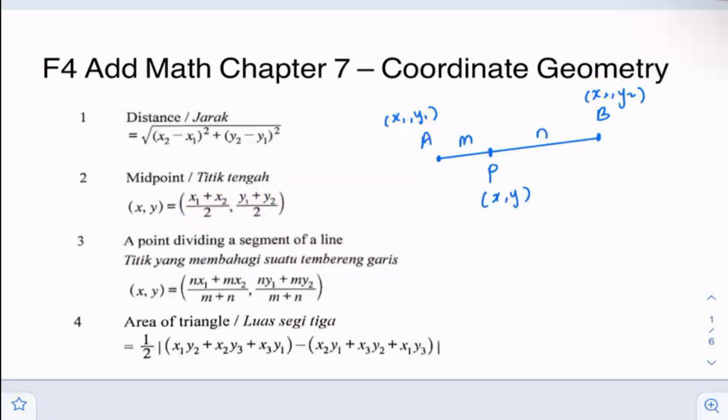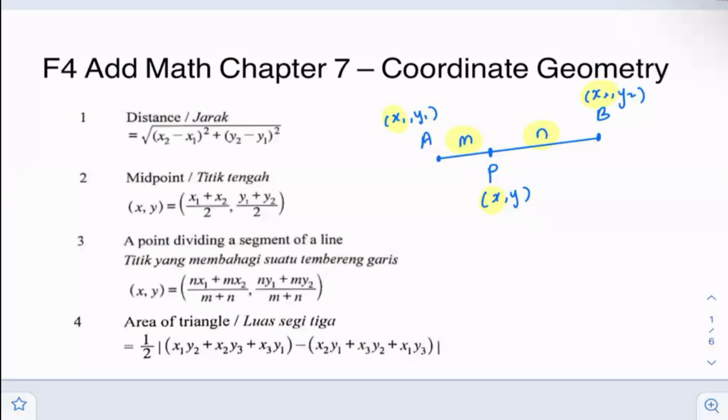If it's not a midpoint, let's say in this situation here, I have a P dividing AB into M and N. So we have to use the third equation here. To find x, I have to use x1 multiplied with the opposite ratio and x2 multiplied with the opposite ratio.